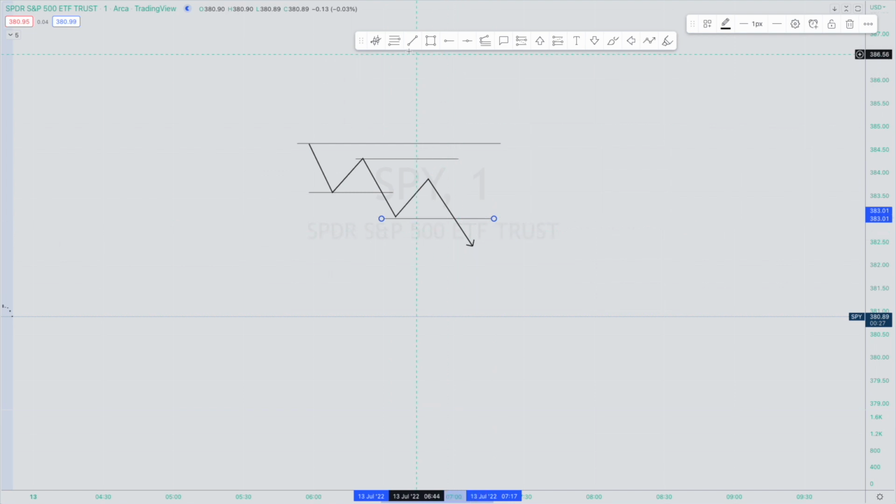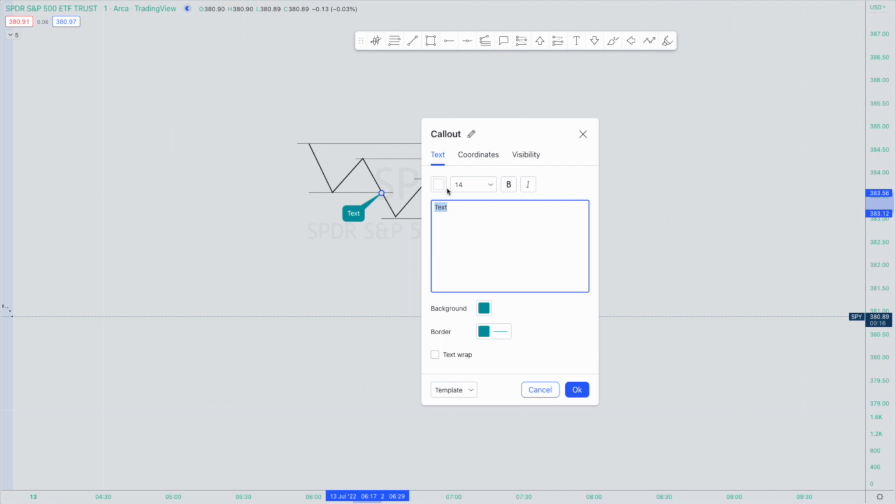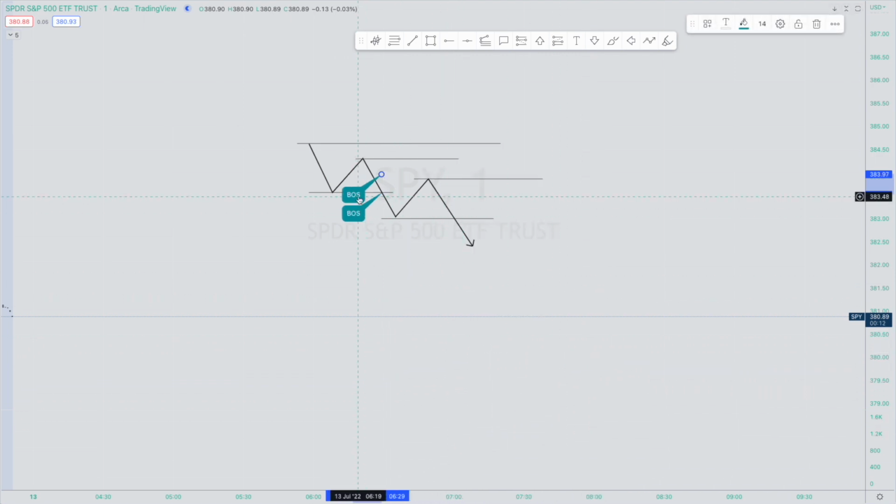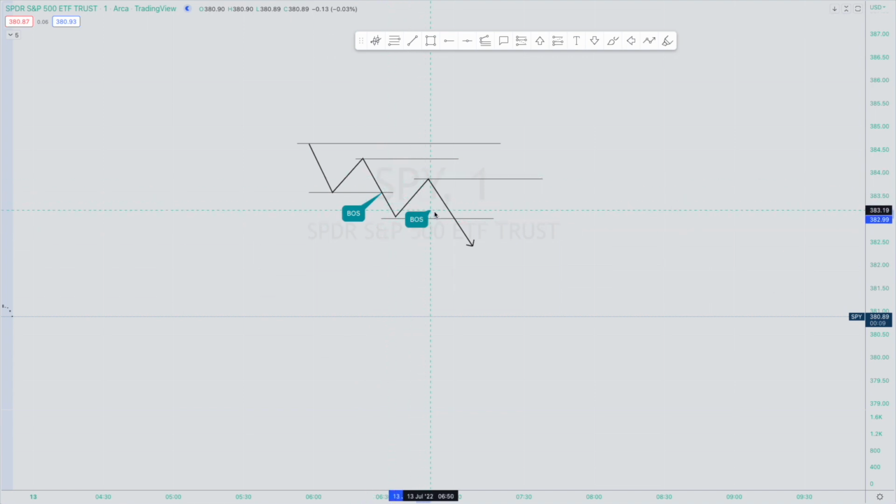We have a break of structure, and now we're putting in a lower high. So as you can see, very fast. Here's our break of structure right here. And we have a break of structure right here. So simple downtrend.